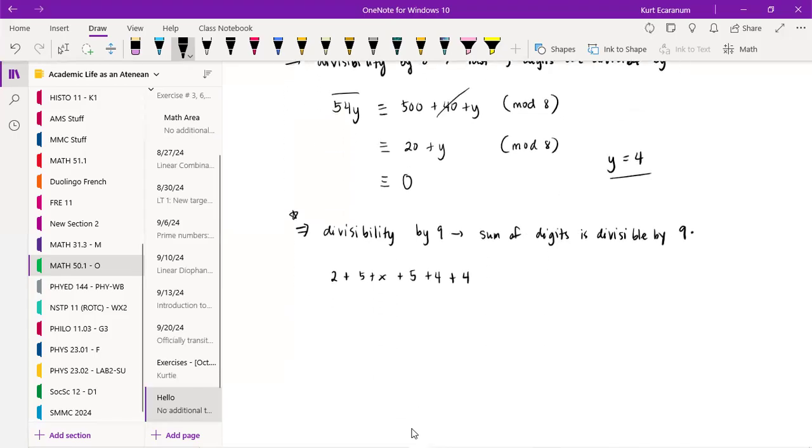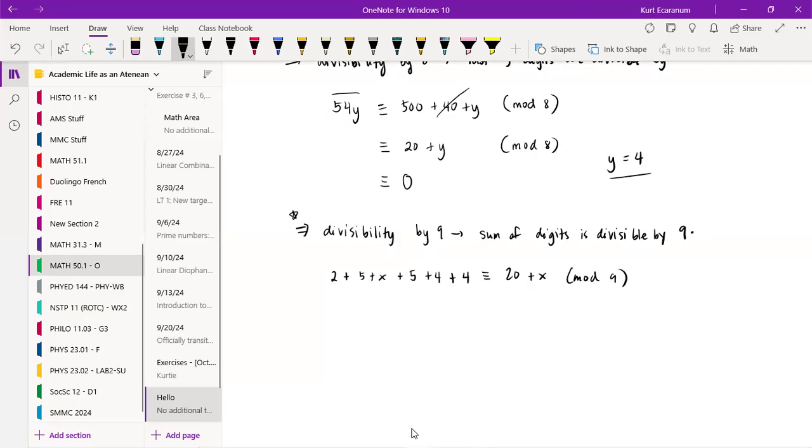Plus 4. And then, this would be congruent to, ano ba ang sum nito? 2 plus 5 plus 5 plus 4 plus 4, 20 plus x modulo 9.